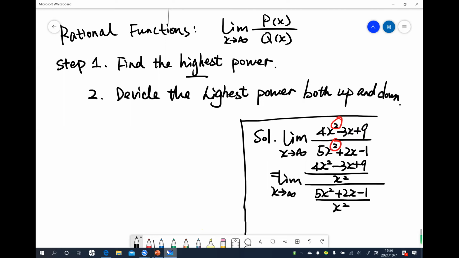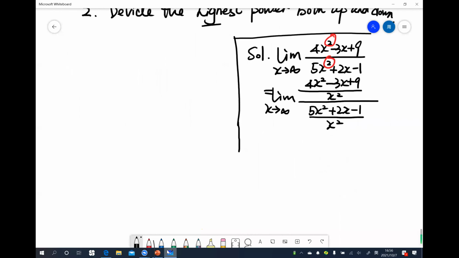So we first find the highest power, then divide it, and then we separate the function. We can see part by part. The first, 4x squared by x squared, is 4.